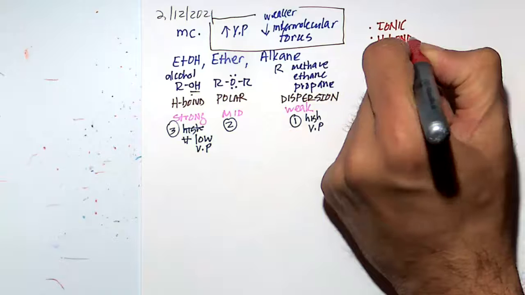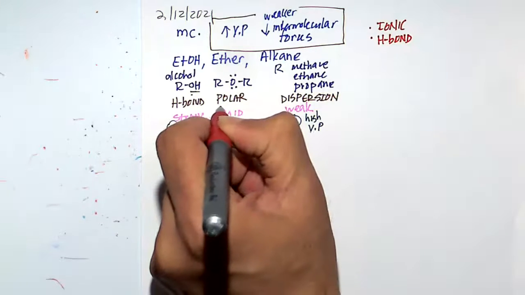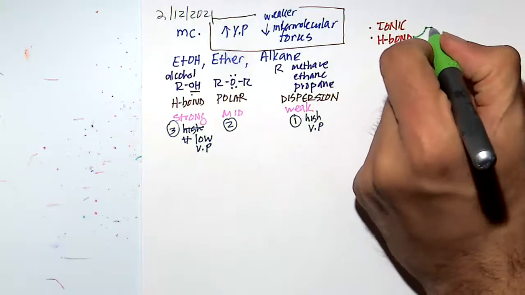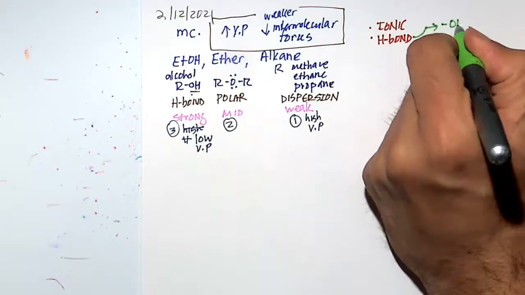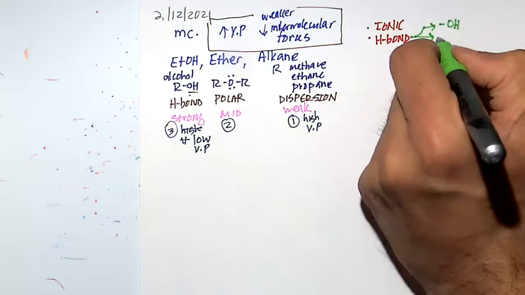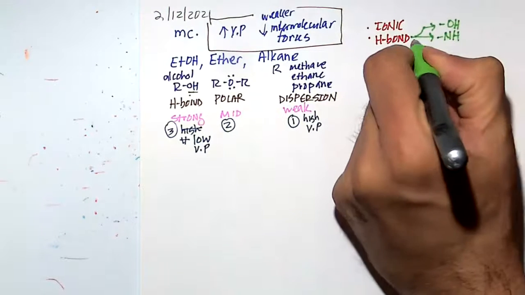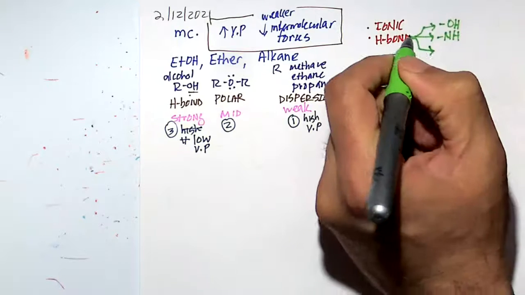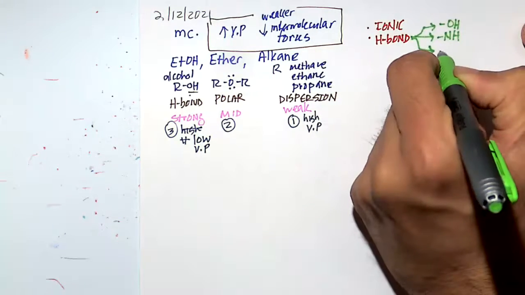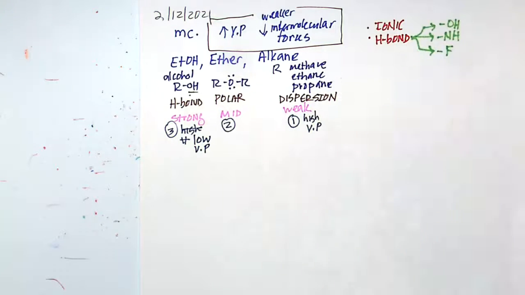Even though hydrogen bonding is polar, I want to ask you what three things make up a hydrogen bond? Look for these three. Look for OH. Look for an NH anywhere in the molecule. And where else? We don't see this a lot in biochem, but in chemistry we do see it.